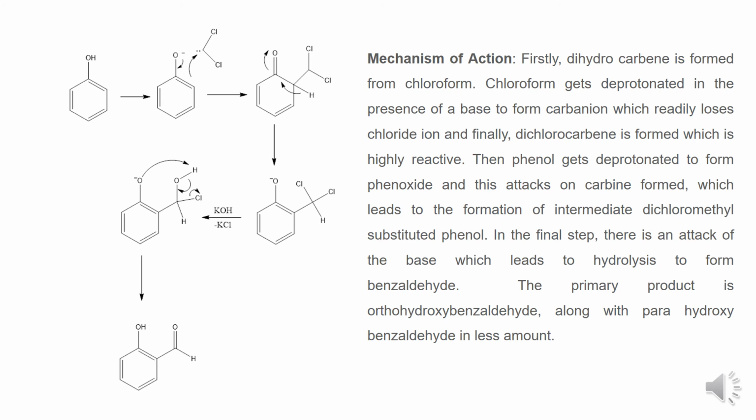Mechanism of action says, firstly, as I said, dichlorocarbene is formed from chloroform in the first step. The chloroform gets deprotonated in the presence of base to form a carbanion, which readily loses chloride ion, and finally dichlorocarbene is formed. This is the so-called electrophile in that reaction. It is highly reactive also.